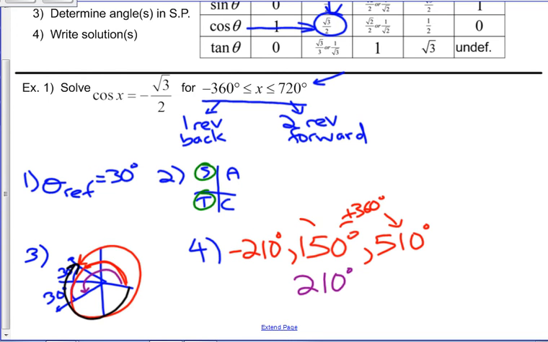Okay? And we could have thought of that as subtracting 360. So if we do it with the diagram, pretty quickly it looks pretty crowded in there.